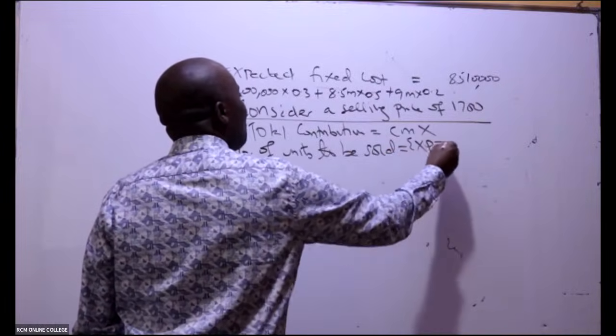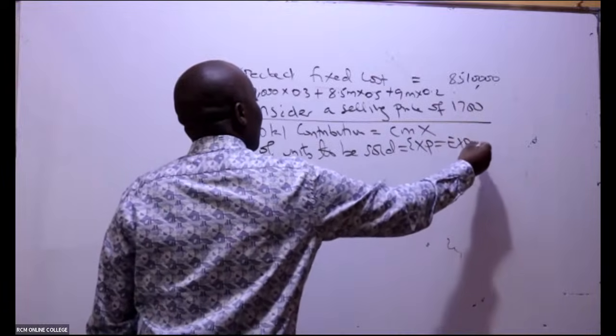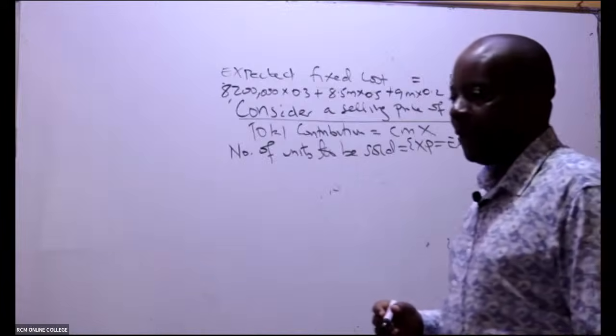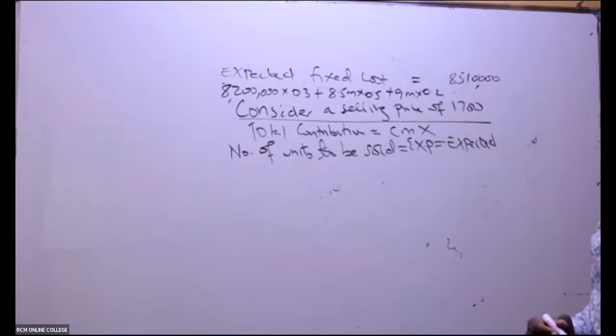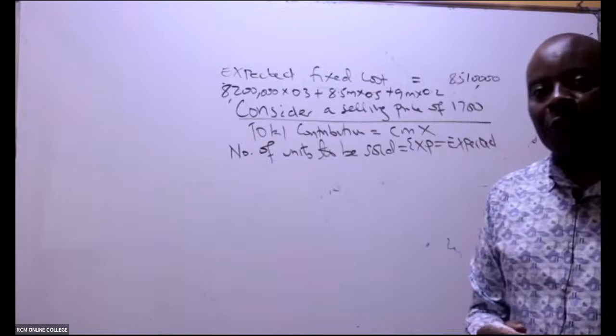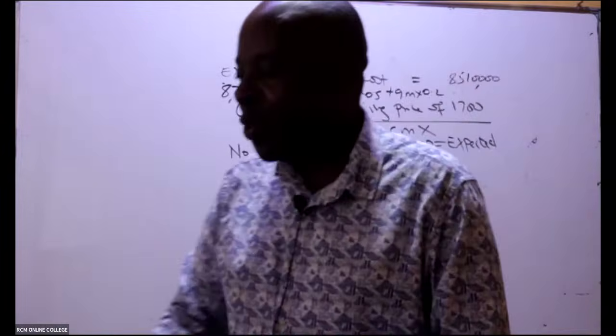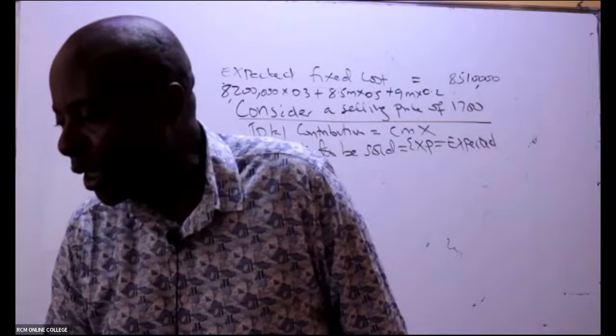Is there somebody who is able to give me this figure? Anybody who is able to tell me how many units I will sell, should I decide to sell at 1,700? I can see they have given me 3 demand values.